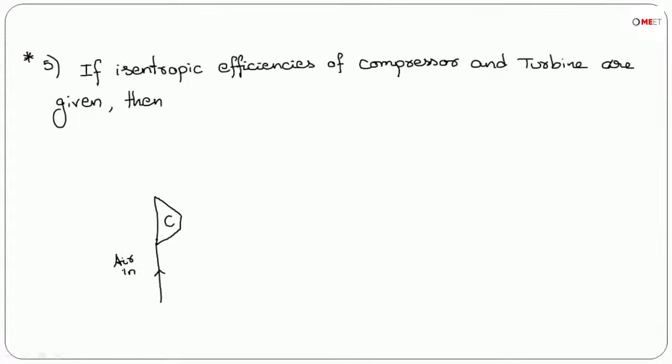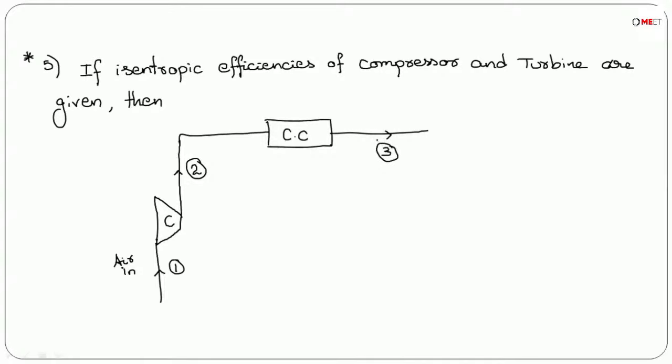Air is entering, let us say at condition 1. Now in the compressor air gets compressed and comes out like this at condition 2. Now this compressed air enters into a combustion chamber. In the combustion chamber usually fuel will be injected, and as a result combustion takes place in practical cycles.